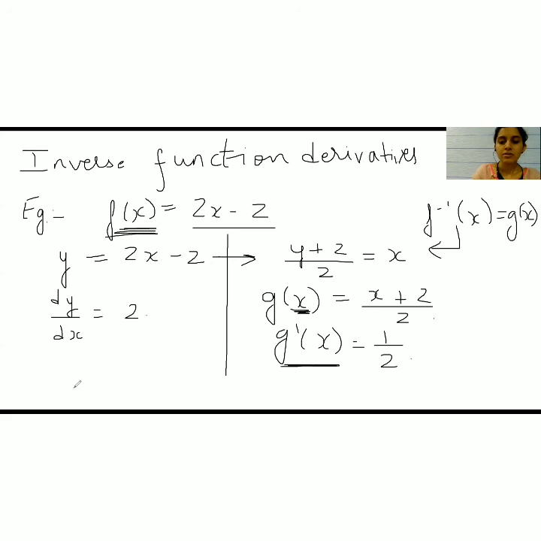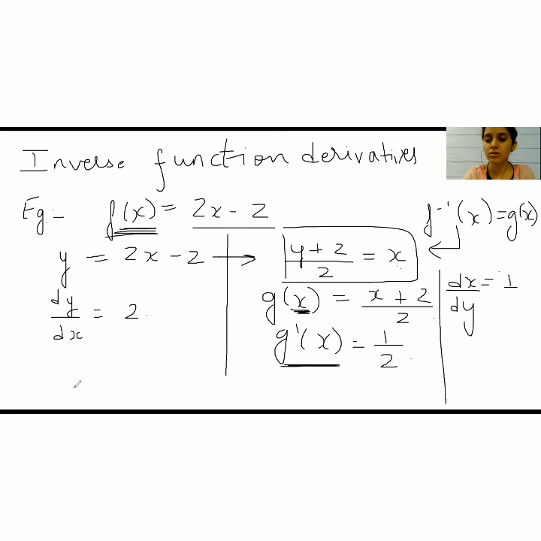So let us compare the two derivatives that we have. Or even one more simpler form we can write over here, dx by dy. That is differentiating this expression, x equal to (y plus 2) upon 2, with respect to y. So I'm going to get 1 upon 2.